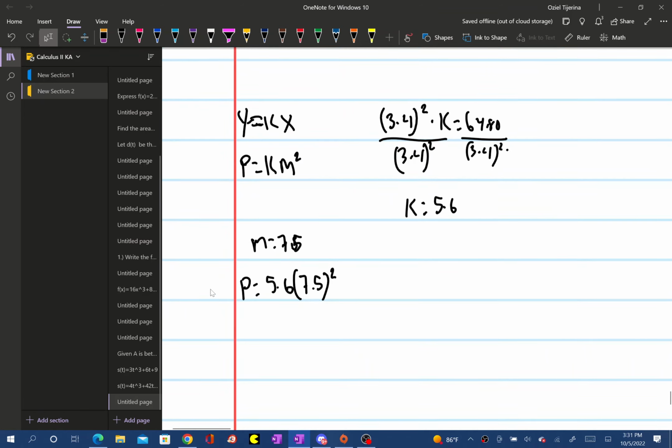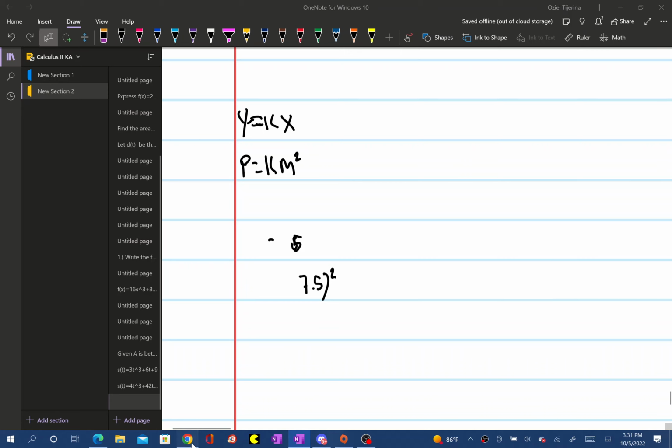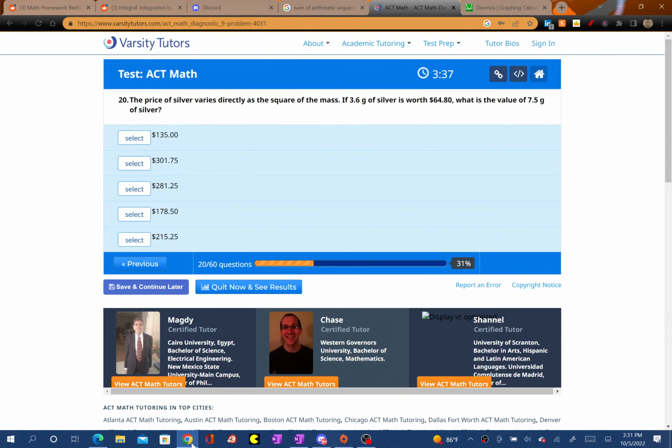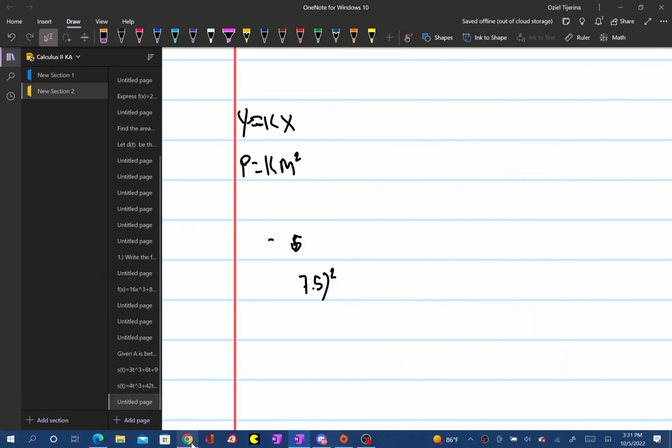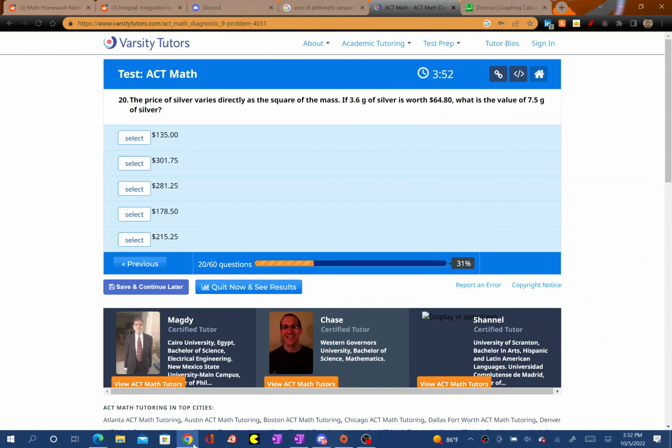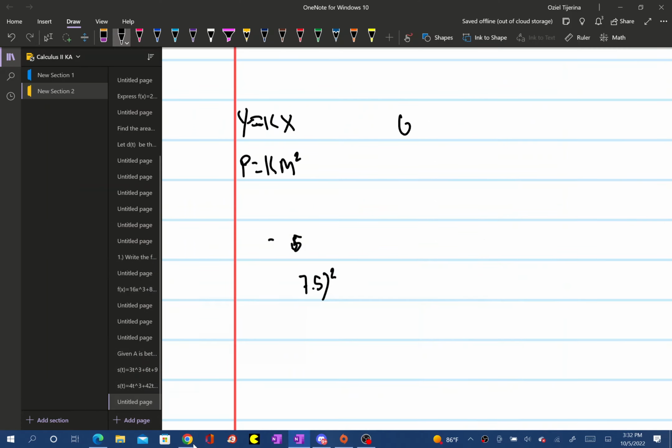Unless it goes like this. Hold on. So, they're saying that, let's see, P equals km squared. If 3.6, so unless it's like saying that 6480, which is P, right?